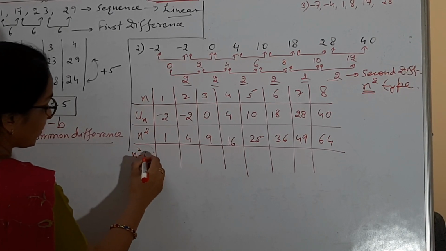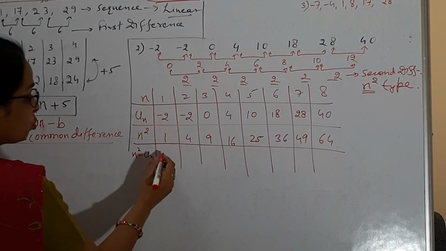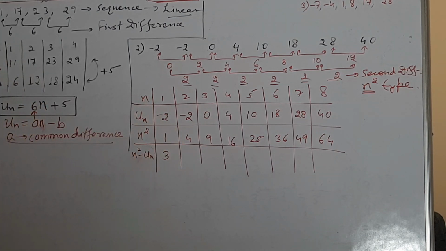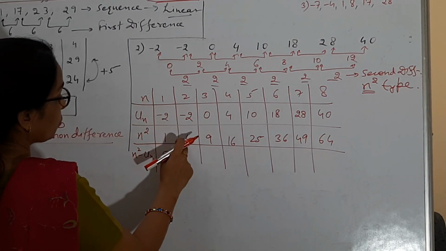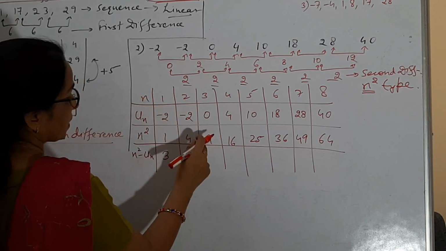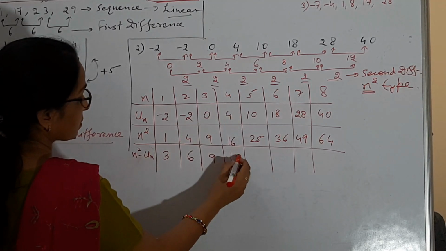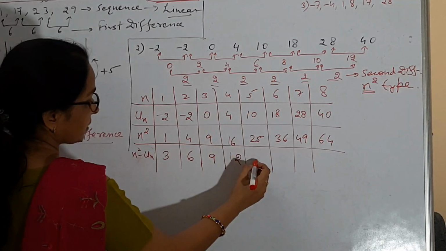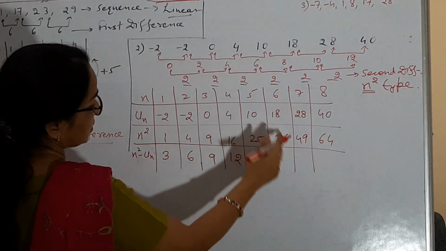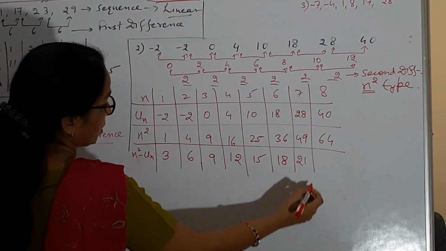N square minus un, that is 1 minus -2 is 3. Then 4 minus -2, that is 6. 9 minus 0, 9. 16 minus 4, 12. 25 minus 10, 15. 36 minus 18 is 18. And then it is 21.